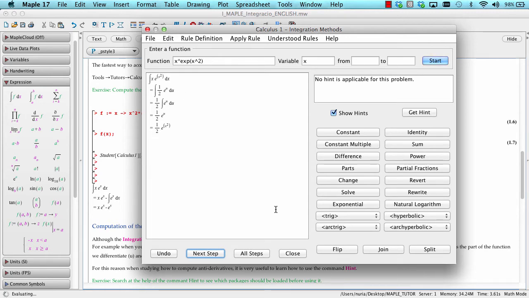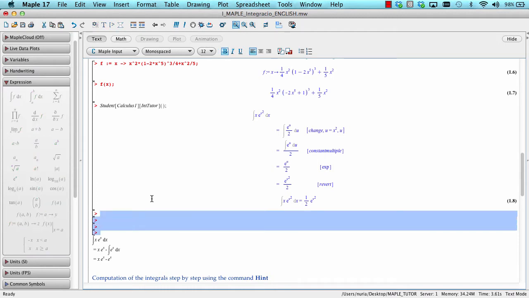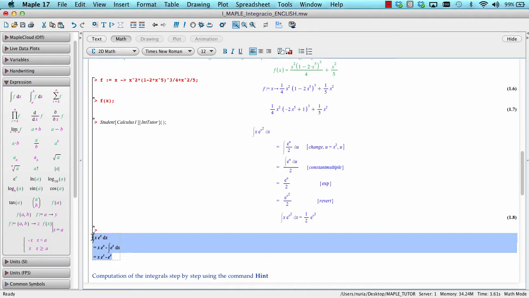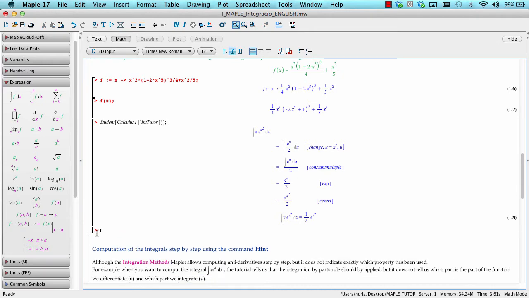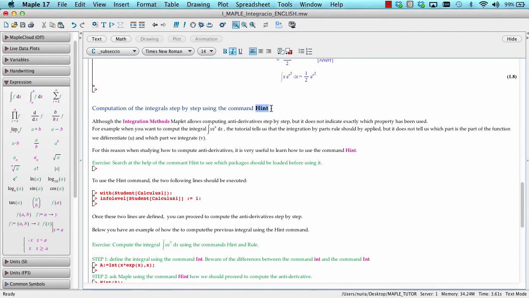So let's now see another way where Maple helps us do integrals, but where it tells us exactly what we have to do. Just to check the results, this is useful, and let me delete this. But let's see another way which is far more useful, which is using the hint command.